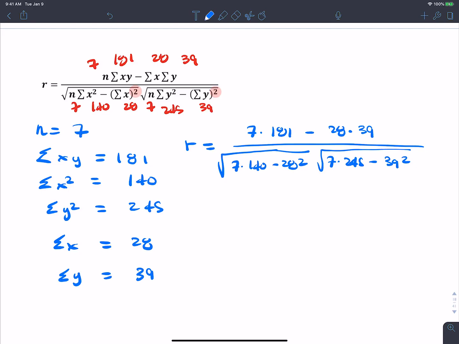Okay. So double check all this because we're going to enter that in our calculator now. We're going to punch that in the calculator.